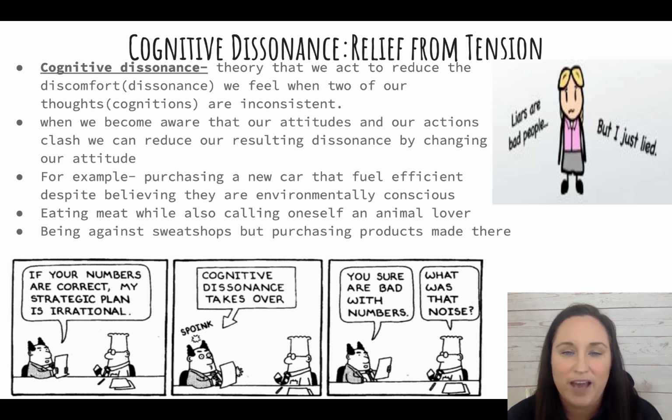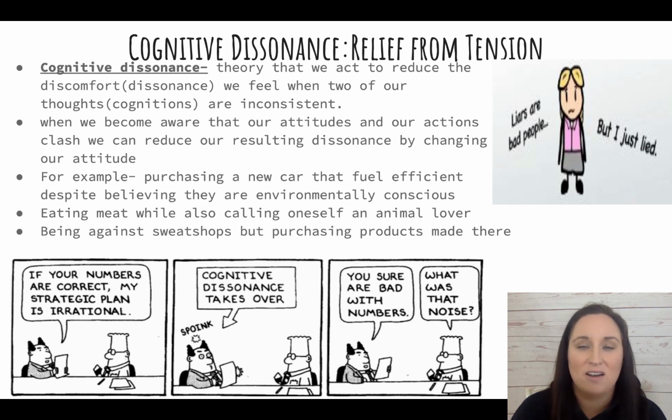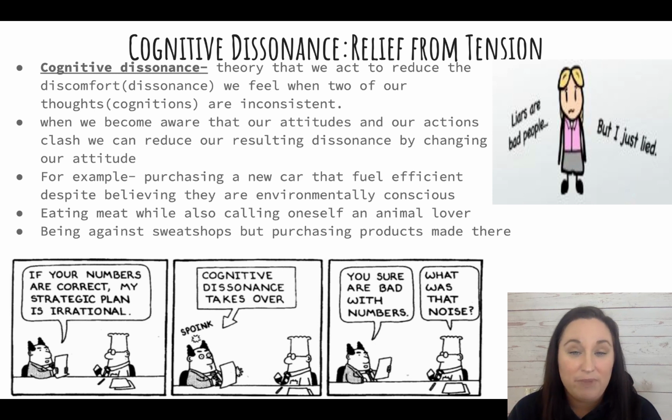Another thing we can experience because of our attitudes and our actions is cognitive dissonance. Cognitive dissonance is the theory that we act in ways to reduce the discomfort we feel when two of our thoughts are inconsistent with each other. For example, I might feel like liars are bad people, and then I might lie.